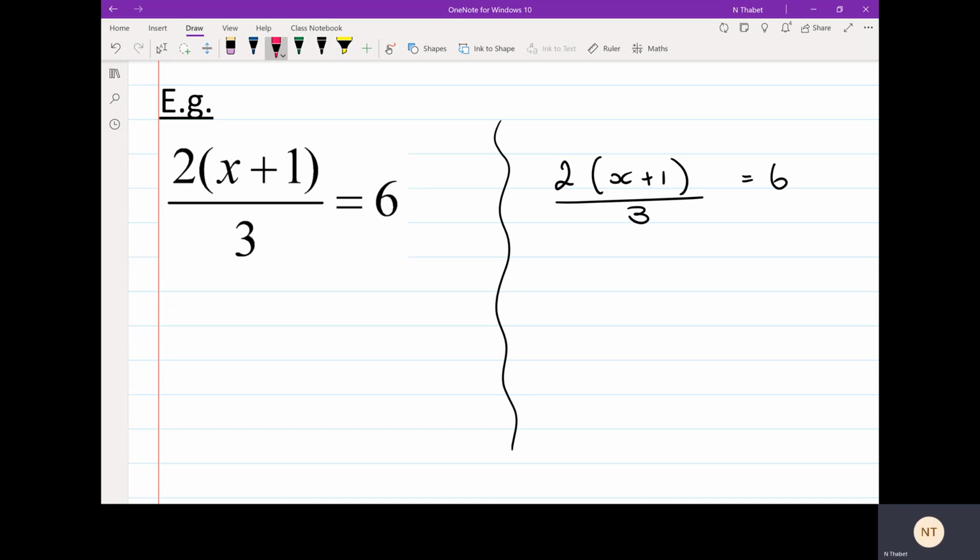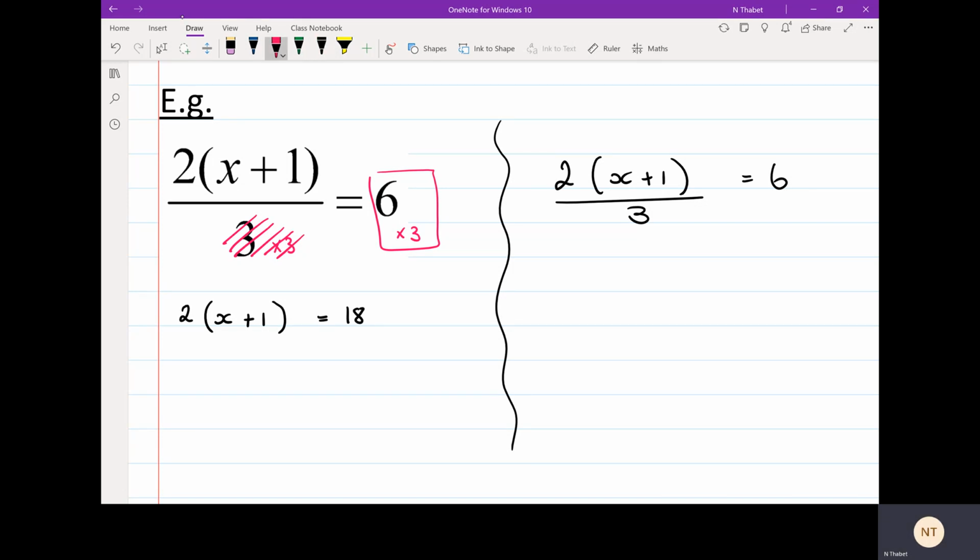You could start by reversing the division. So multiply by 3 on both sides. The divide by 3 times 3 cancel. 6 times 3 is 18. And you now have 2 brackets x plus 1 equals 18.